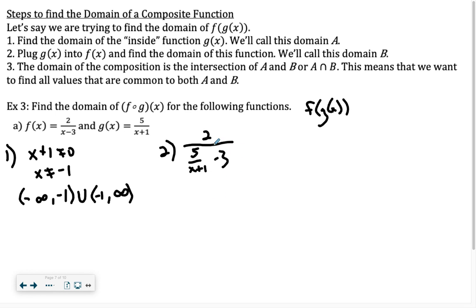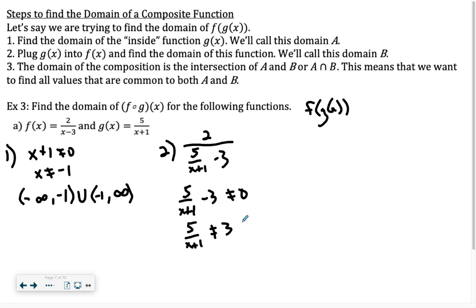So I want to find the domain of this now. Well, again, we just can't have zeros in the denominator. So I'm going to say, well, this whole denominator, which is 5 over x plus 1 minus 3, cannot equal 0. And then I want to solve. So I could add the 3 over. 5 over x plus 1 cannot equal 3.